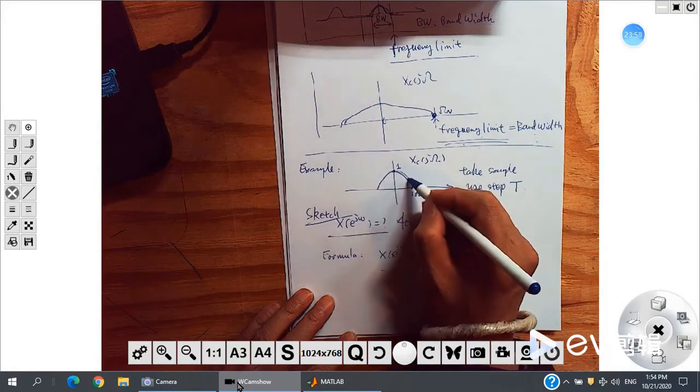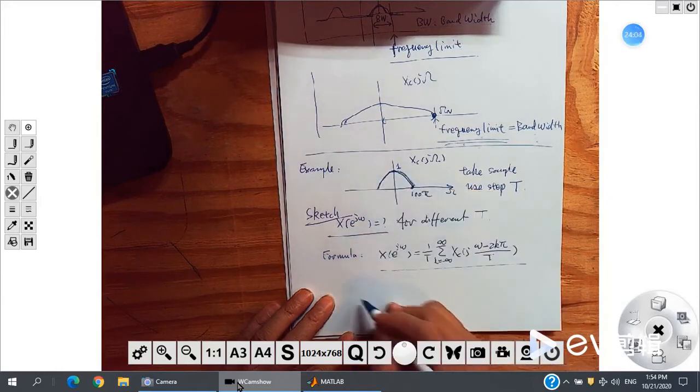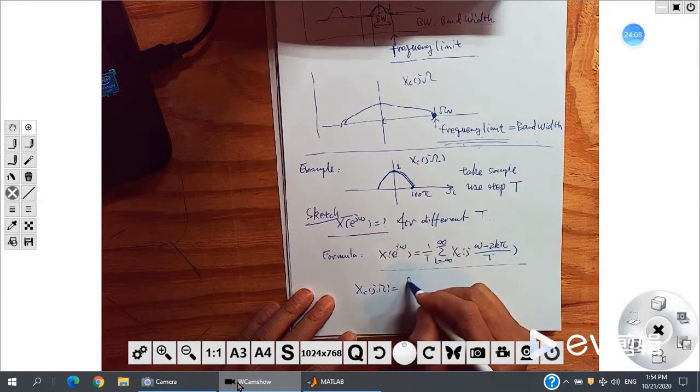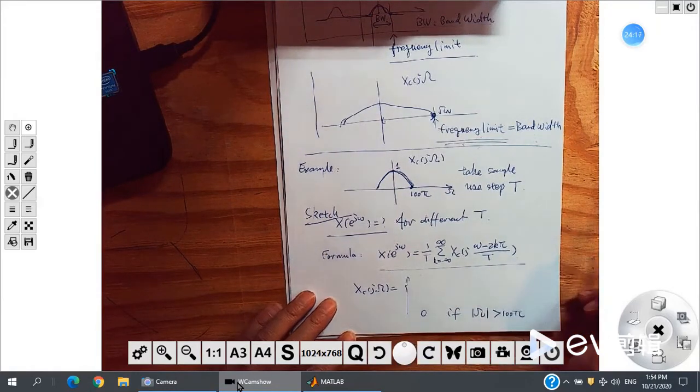Suppose this is just a quadratic curve, the square function. So we suppose Xc of omega equals 0 if capital omega is larger than 100 pi. This is the band limit, so this is just the omega n.